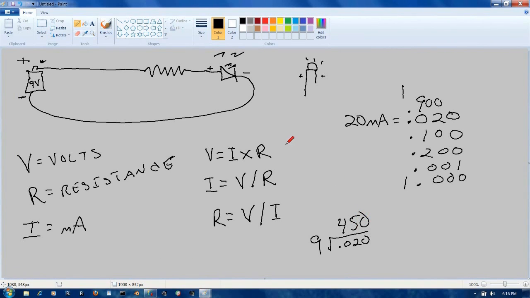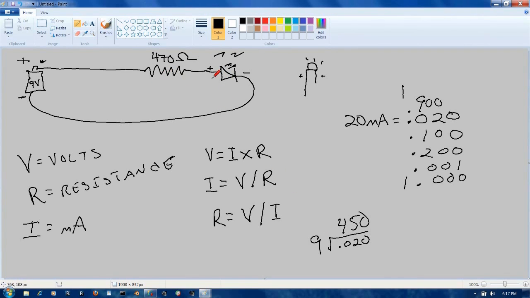You're going to find a 470 ohms resistor. And you'll find resistor packs with a bunch of different values on them. So we're going to use a 470 ohms resistor here, and that light will work perfectly well with that.